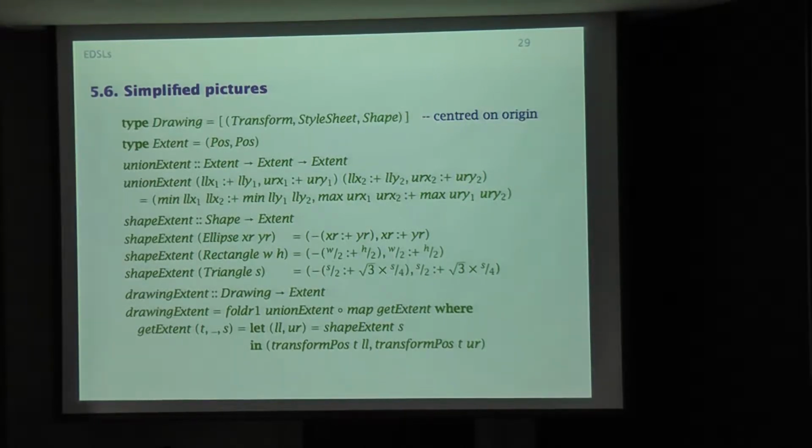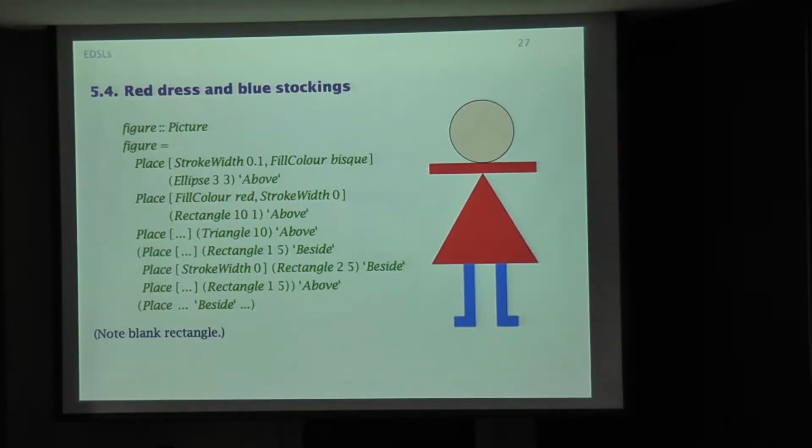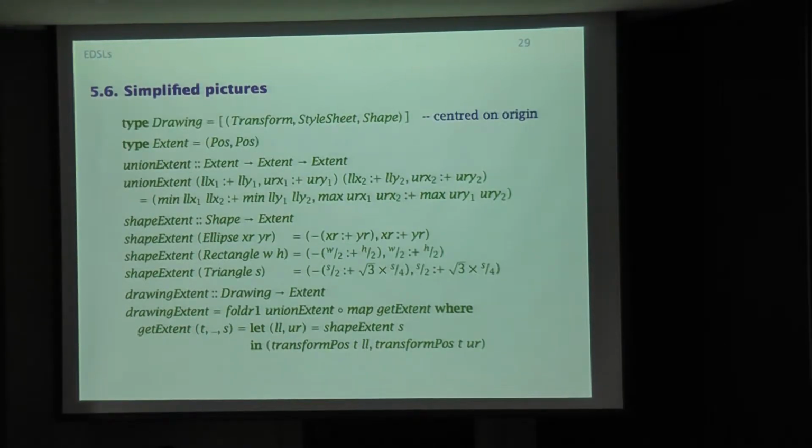And the first thing will be the translation, which will be shift it up a little bit so it's here. And then for the arms, that instruction will be, here's the shape, it's a rectangle that's 10 wide and 1 high. Here's the style sheet, it's fill it in red and make the stroke width 0. And here's the transform, again, shift it up a bit, so that it goes here.